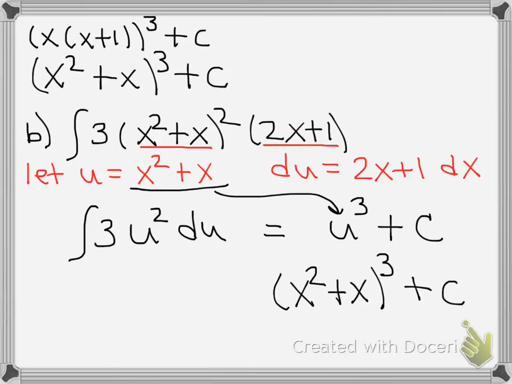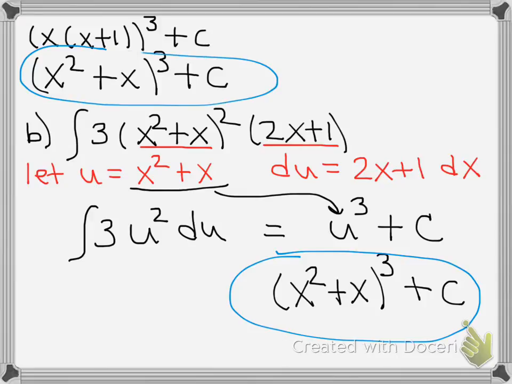And so right now, you should be noticing that this answer right here is the same as this guy up here that we did the long manipulation of in part A. So what this does is it allows us to not have to expand and deal with the craziness that we did in part A. Let's go on and do another example.